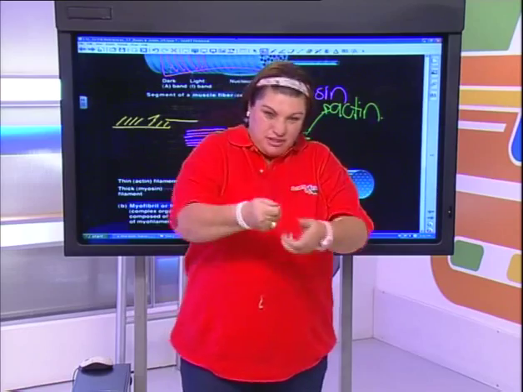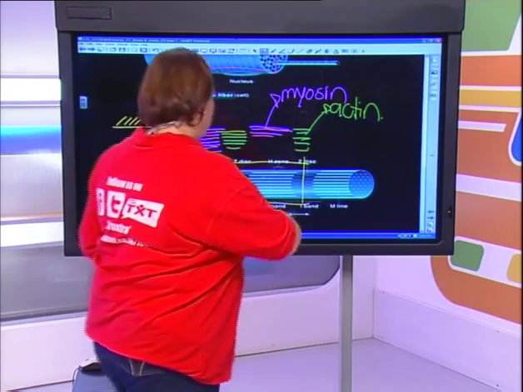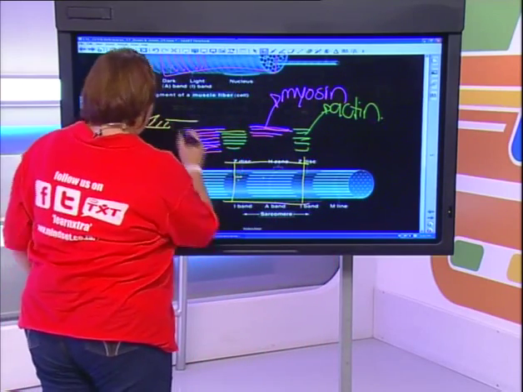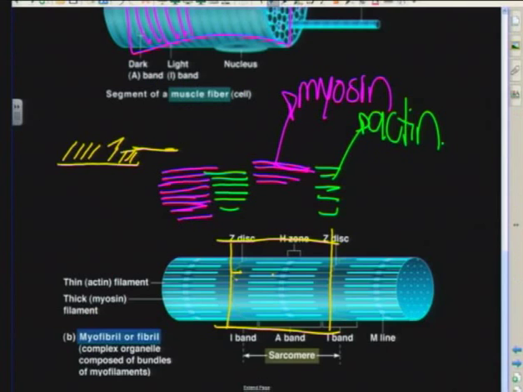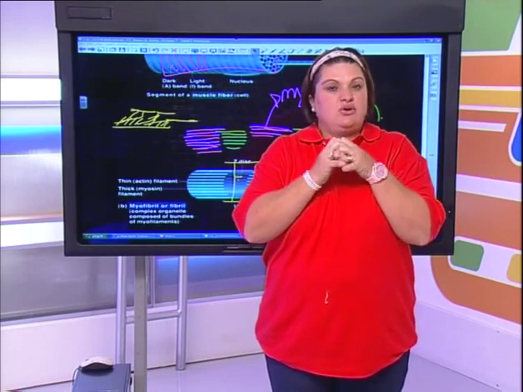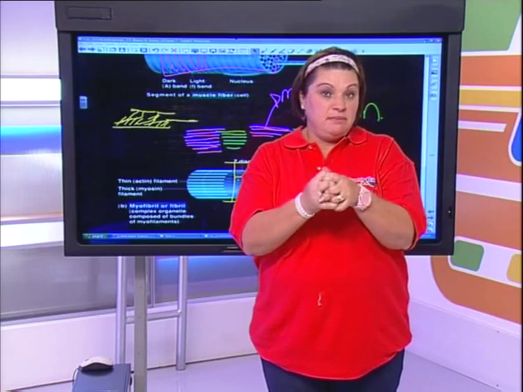So as it moves across, this one picks it up and pulls it, picks it up and pulls, picks it up and pulls. So what does our muscle do? It gets shorter. It contracts. That is called the sliding filament theory.